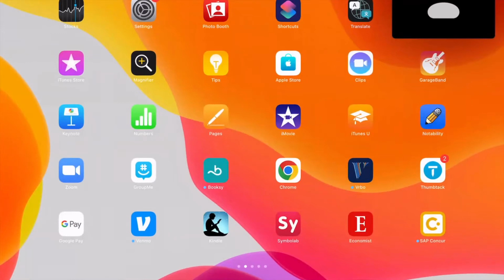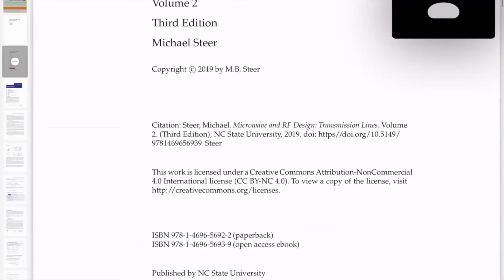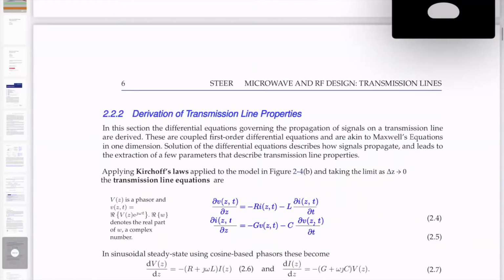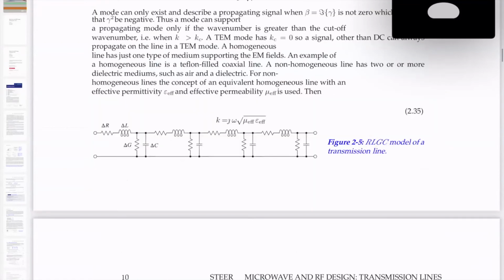So let me see. I'm going to, one second. All right, so this is the chapter that you have to read to solve the problem.